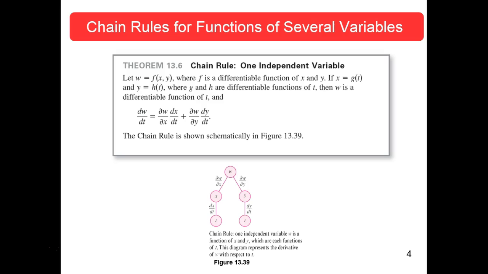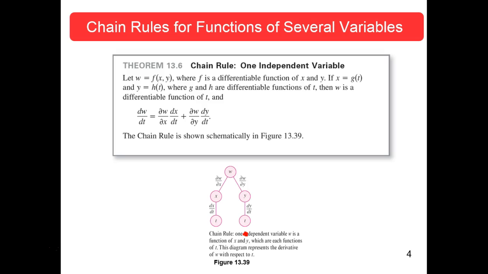One dependent variable, w, function of two. They said this wrong. One dependent variable. W is not independent. It's dependent. They've got a misprint in the book, and they got a misprint on the slide set.